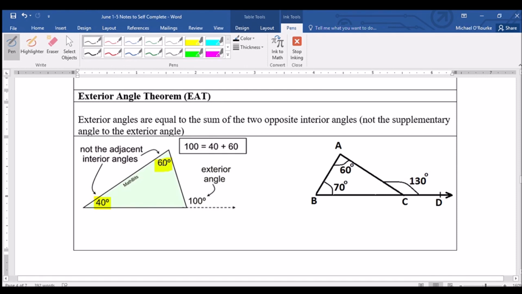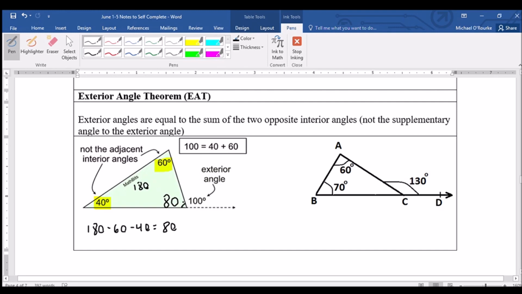So if we were to say, okay, this equals 180 altogether, right? So 180 minus 60 minus 40 equals 80 degrees. So that means that's 80 degrees. So always these two here, 180 minus these two here, are going to equal this one.